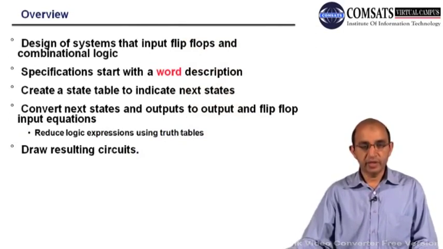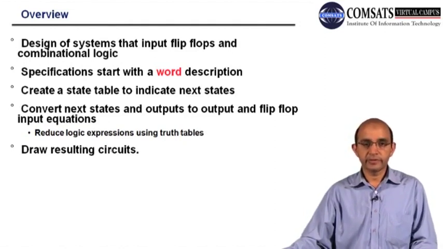What we need in order to design a system that constitutes flip-flops and combinational logic is the requirement. We must specify the system accurately, and then from the specification we move on to the state table.